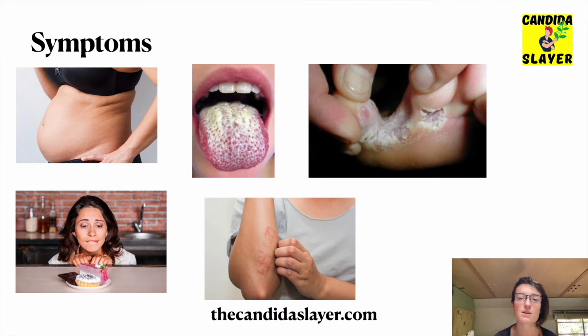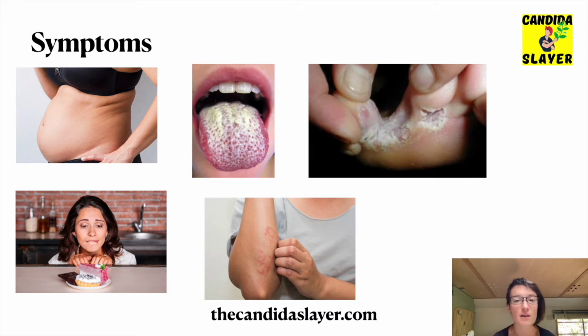Another symptom is skin fungal infections, like on your feet, if you have athlete's foot, or anywhere else on your skin, on your body. It can also be vaginal fungal infections. It happens very often for women. And so the problem is not if you have one fungal infection one time in your life.